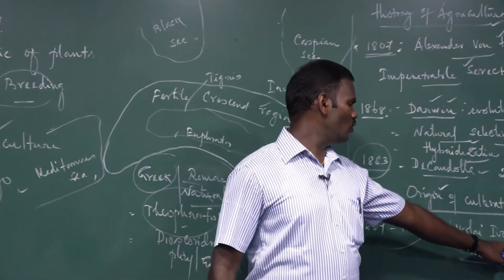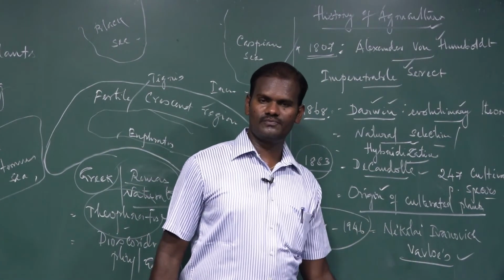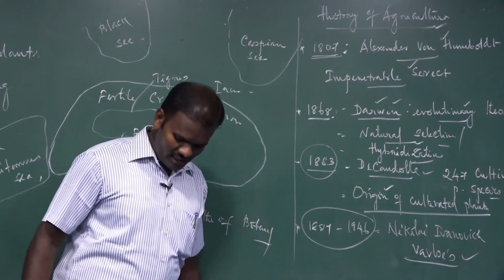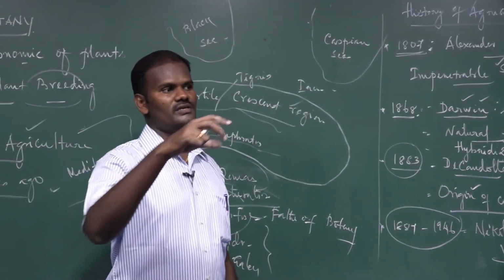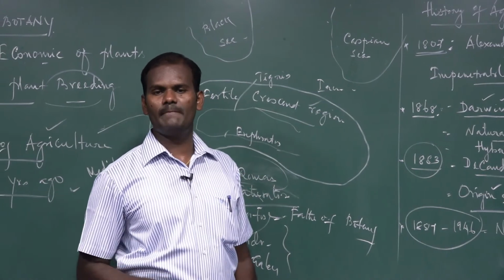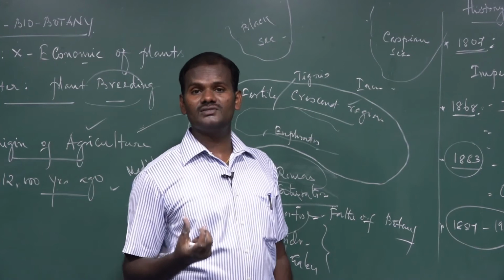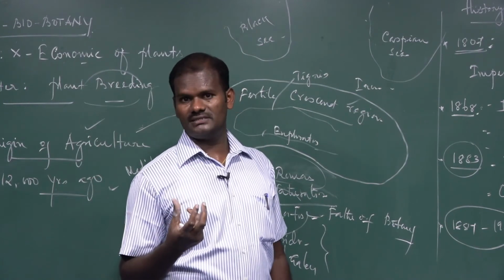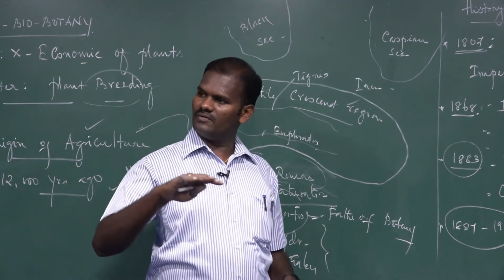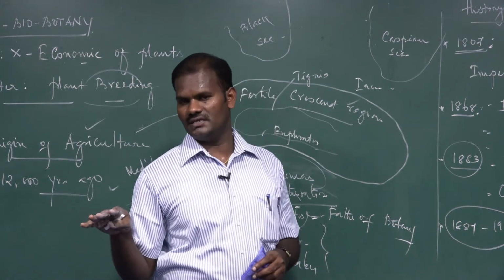Nikolai Ivanovich Vavilov. And this is how he determined where plant species are located in a particular area: based on their morphological structures, anatomical structures, cytological structures, gene structure, and different geographical regions.